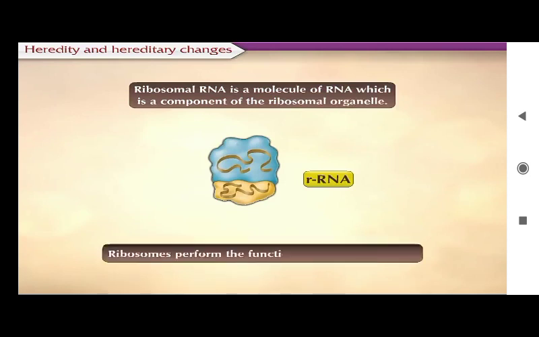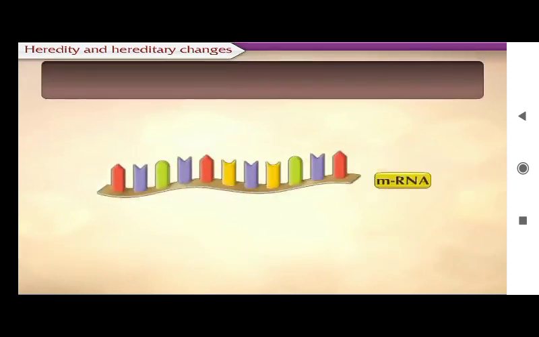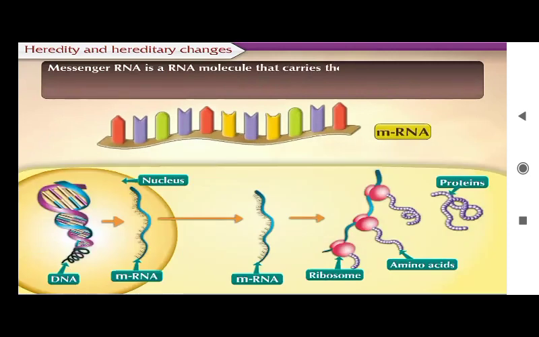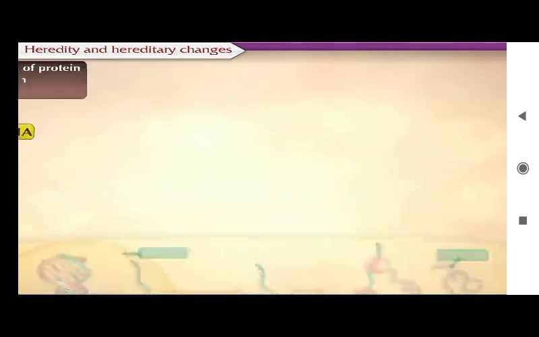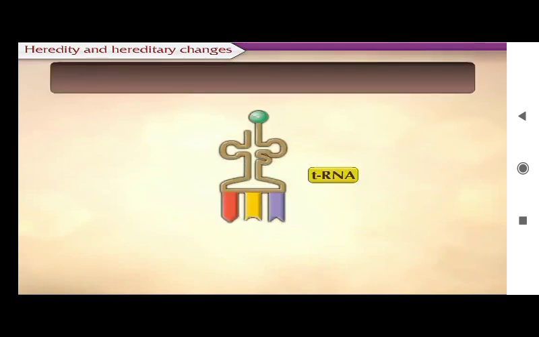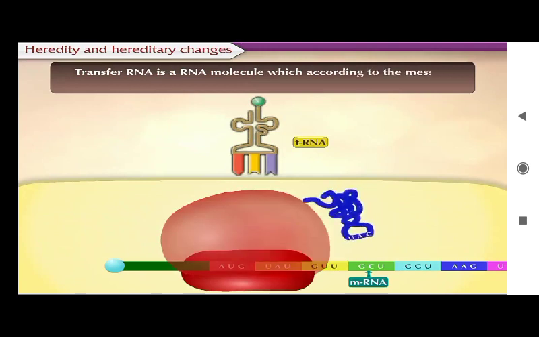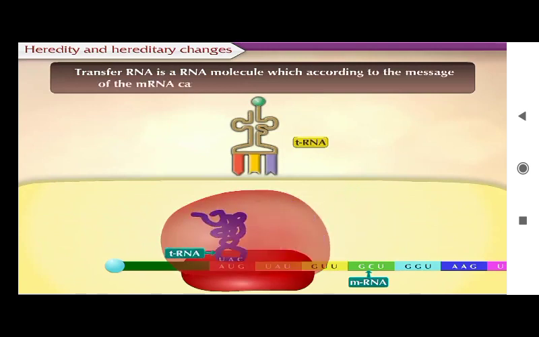Ribosomes perform the function of protein synthesis. mRNA, that is messenger RNA, is an RNA molecule that carries the information of protein synthesis from genes to the ribosomes in the cytoplasm, which produce the proteins. tRNA, that is transfer RNA, is an RNA molecule which, according to the message of the mRNA, carries the amino acid up to the ribosomes.